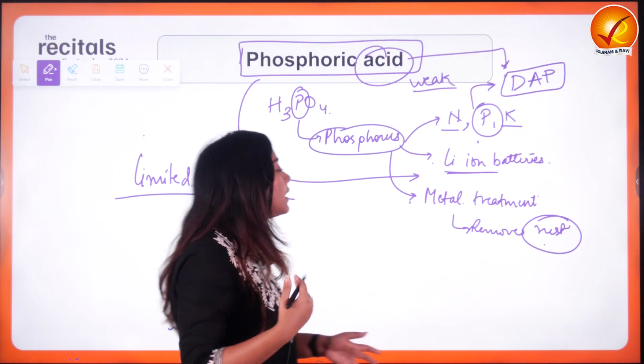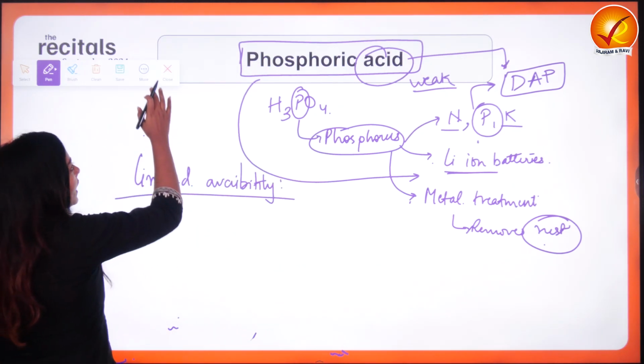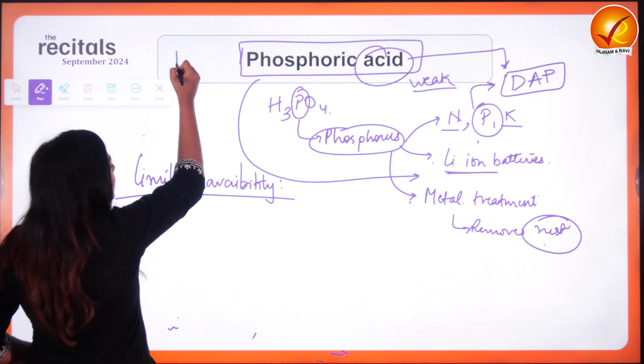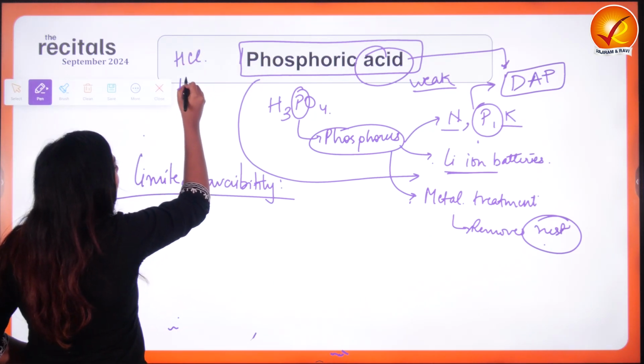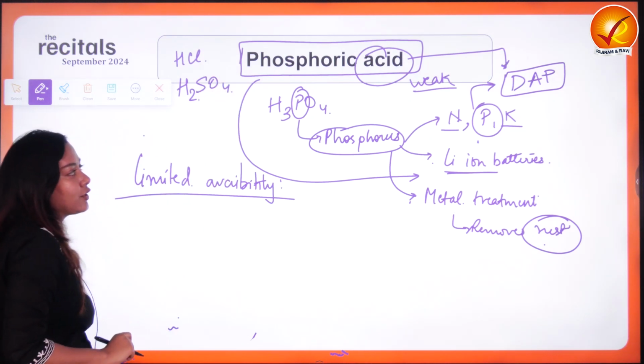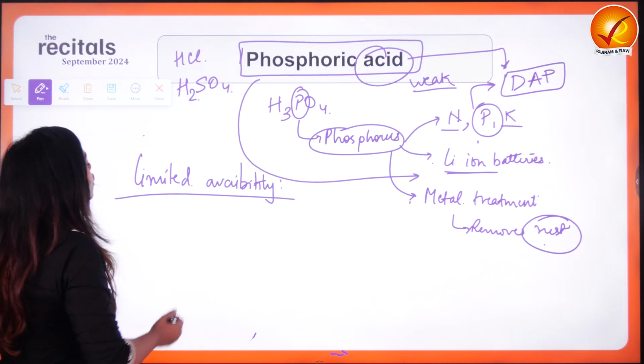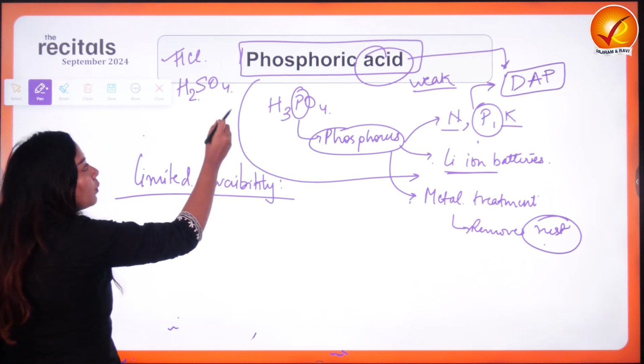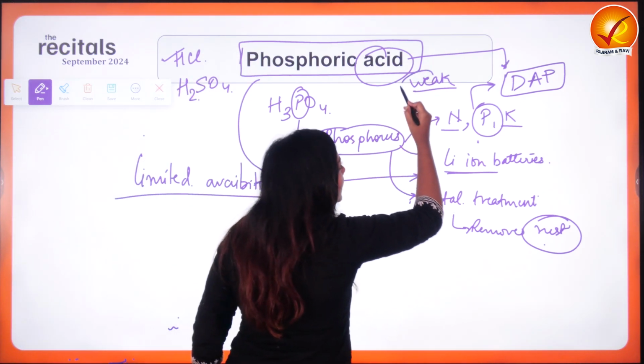What are strong acids? Those which dissociate their hydrogen ions at a faster rate. For example, hydrochloric acid, or sulfuric acid, H2SO4. So these two are strong acids, whereas phosphoric acid is a weak acid.